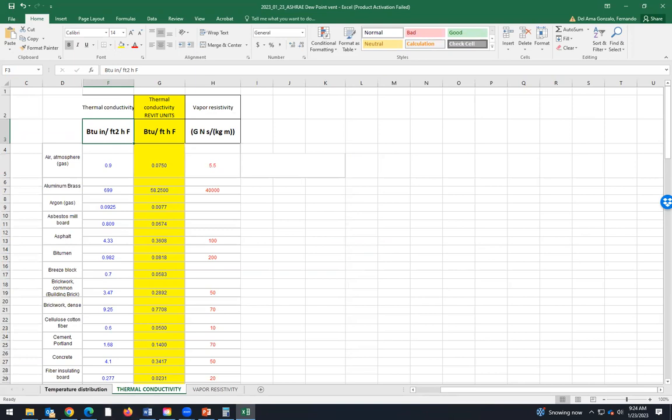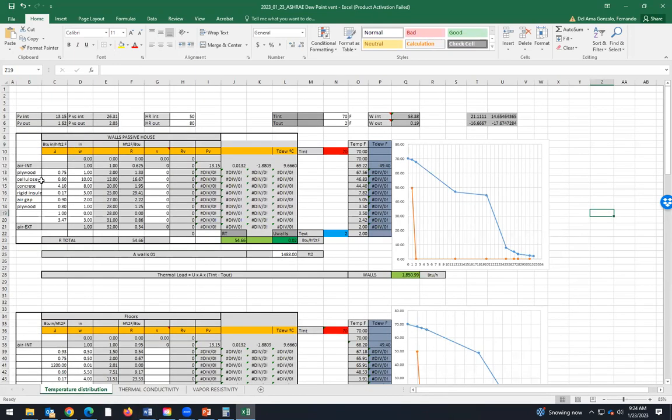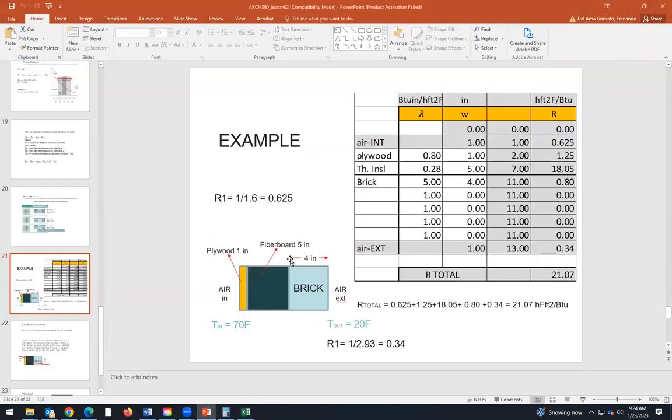Okay, so I'm going to do it. In this temperature distribution, if this is a wall, the thermal resistance, this value, is always going to be the same. It's 0.625. It doesn't matter the materials that we have here. The indoor value is fixed and the outdoor value is fixed.